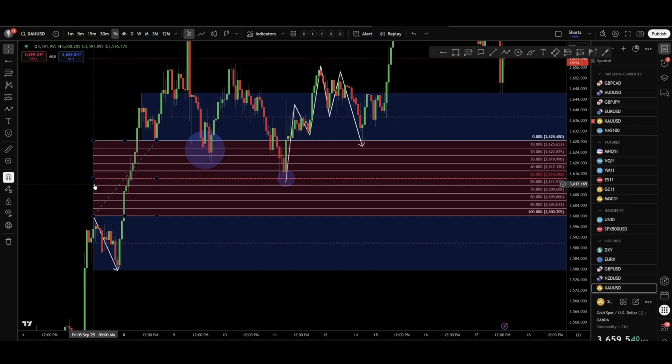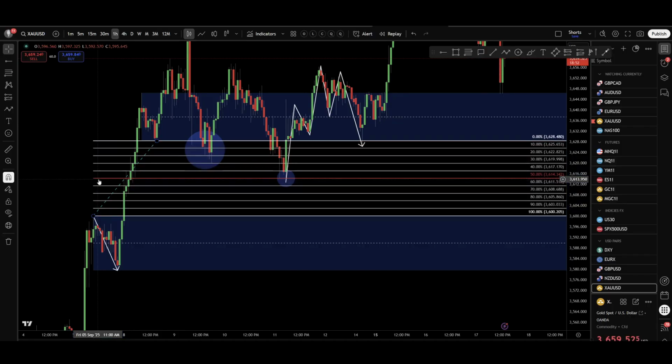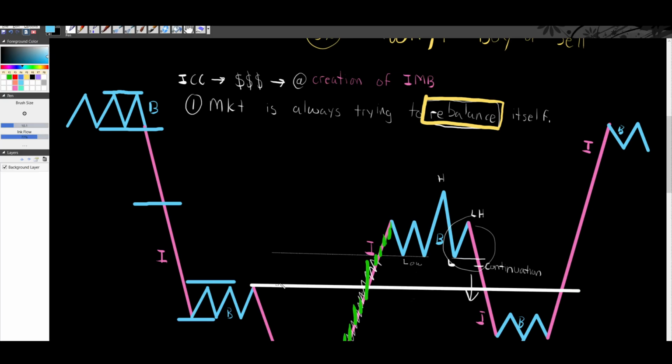So in other words, I can delete this, and we can even break up this area of imbalance now, where we understand that, for example, in this area, sellers exist here, right? Or let's just put it like this.